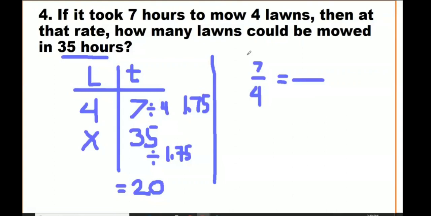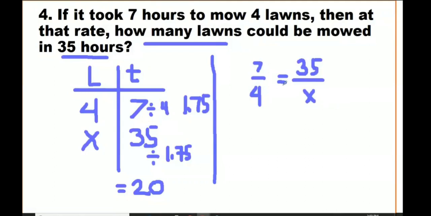Since we are asking for that, it's unknown, so we represent that as x. The time given here is 35 hours, so you put 35 on top. Check if you have put the quantities in the proper place. 7 refers to the number of hours, 35 the number of hours. So we are consistent.